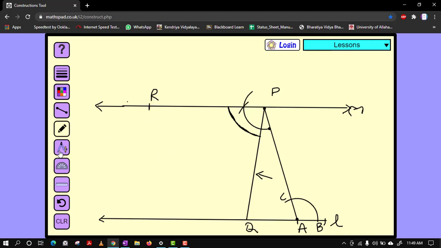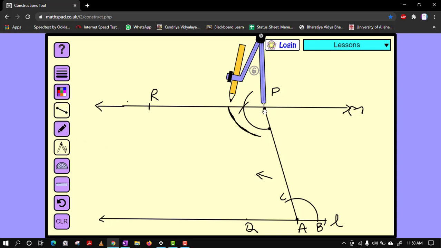So let's take the compass. I think first we need to make an arc again as we do. First let me clear this thing that I have done. So now how to do the redo? Control Y, it's not working.